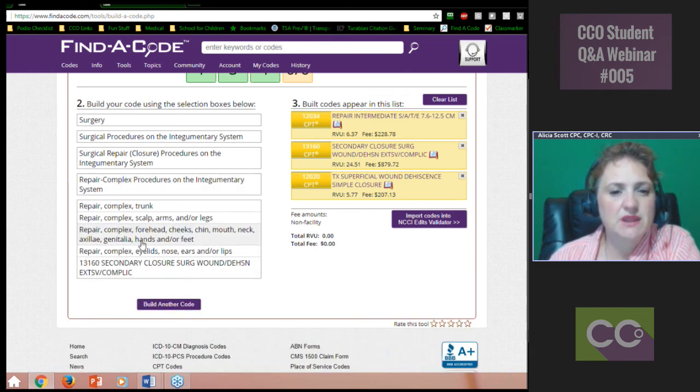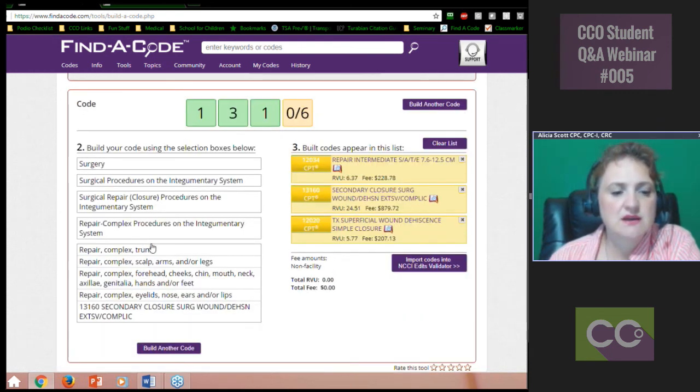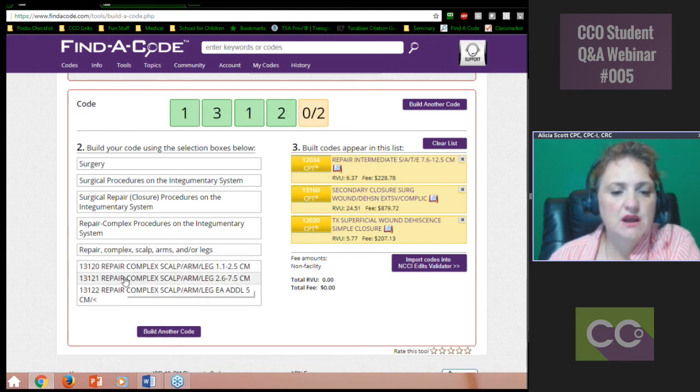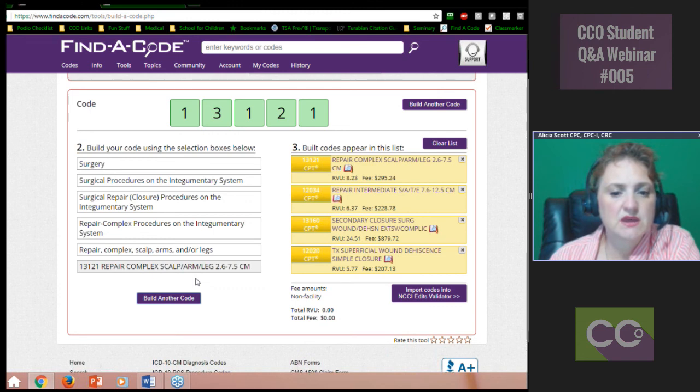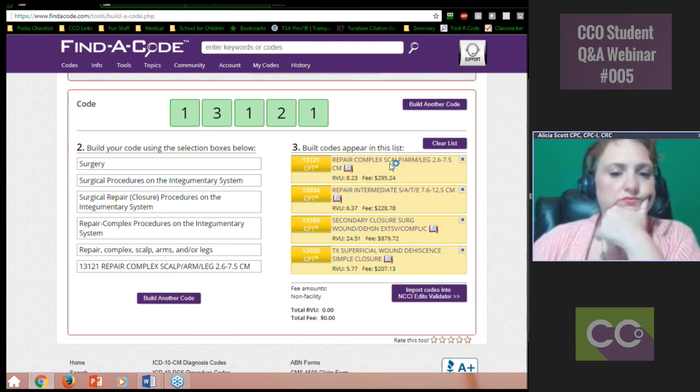Why would this be complex? Think about that. Complex repair of the trunk, the scalp. We're going to go on the scalp. Complex scalp size, and then here we got repair complex scalp, arm, legs, each additional. So we need to go there. And let's go look at this code, 13121. You think, well, why is it complex?